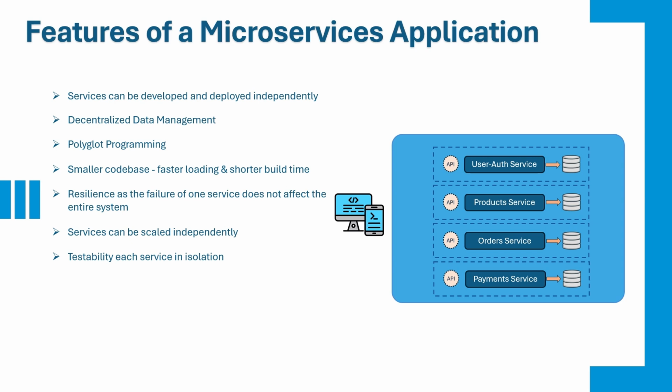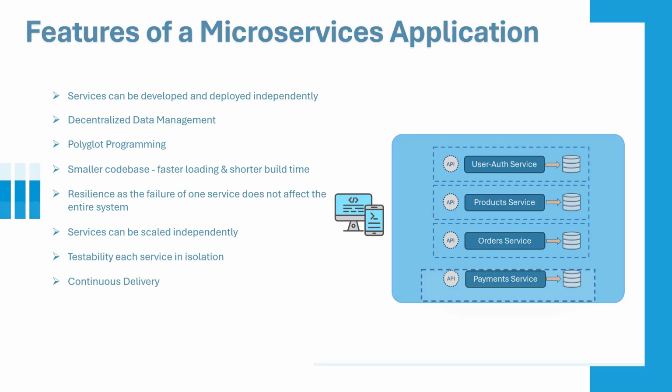Finally, microservices support continuous delivery. Automated testing and deployment pipelines can be established for each service, enabling faster and more reliable software releases. These features collectively make microservices architecture a powerful approach for building robust, scalable, and flexible applications.